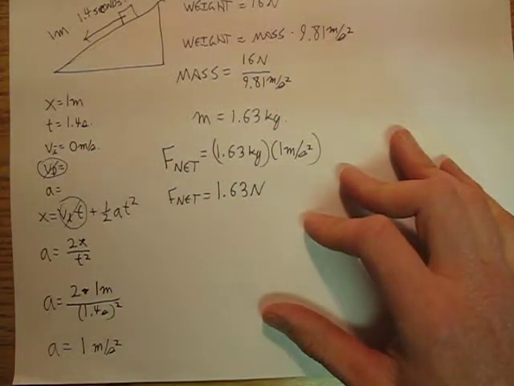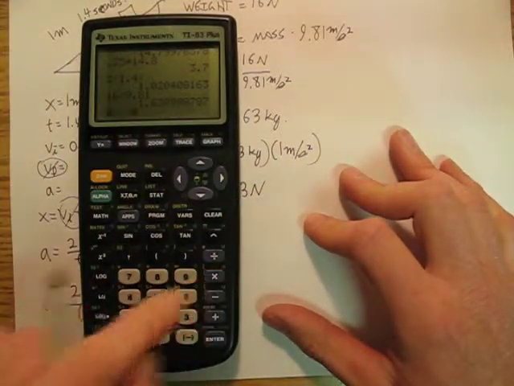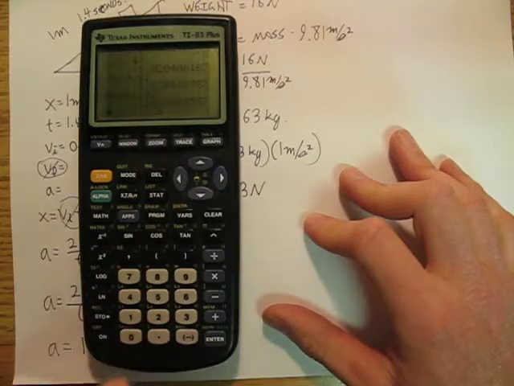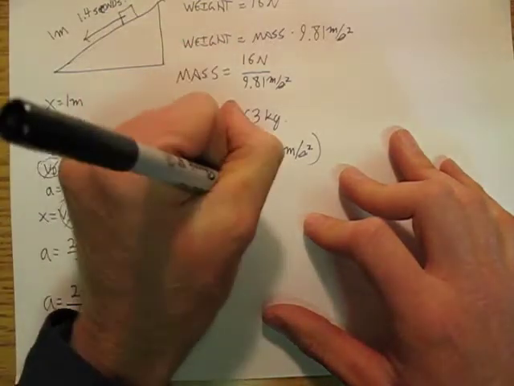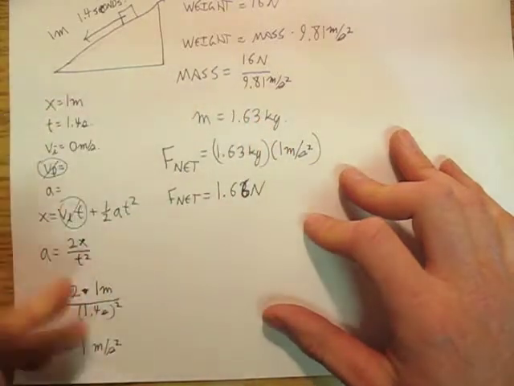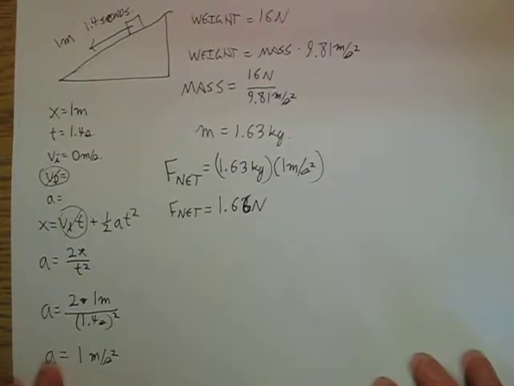Probably if I did it out, it'd be more like 1.66 if I avoid rounding. I'm playing very fast and loose with significant digits here.